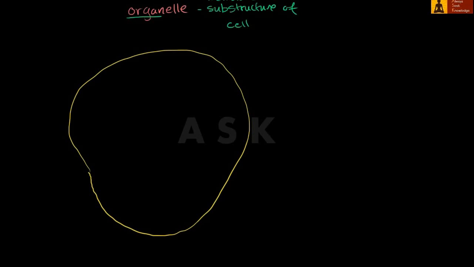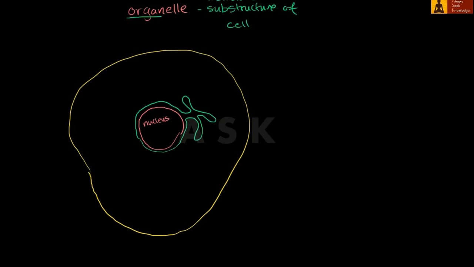We're already familiar with the idea of a nucleus. A nucleus is a membrane-bound structure, so it is an organelle. We've talked about the endoplasmic reticulum, which is also a membrane-bound structure, so it is also an organelle.